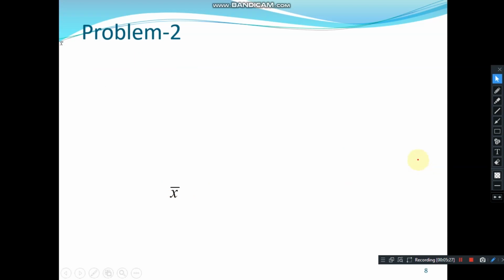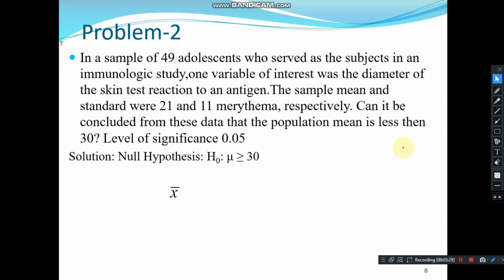Now we have to choose the null hypothesis and the alternate hypothesis. Why have we chosen greater than or equal to here, and why is it less than here? Why not H naught: mu less than 30? Because H naught should always have the equality sign. Even if you take less than or equal to, the given statement claims only less than.